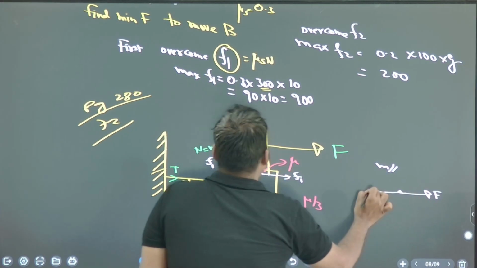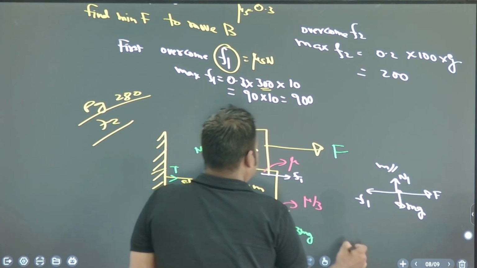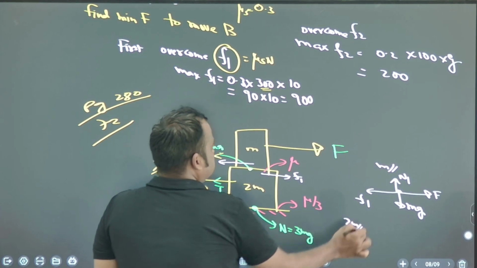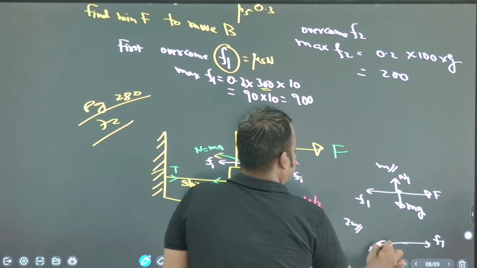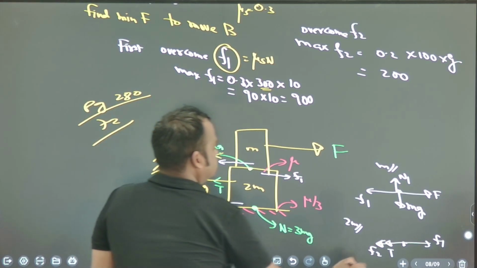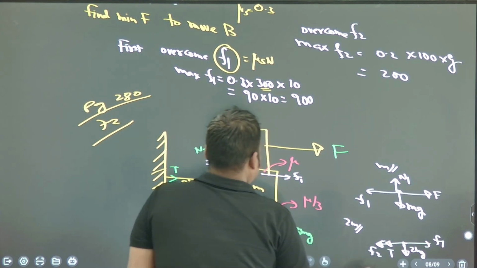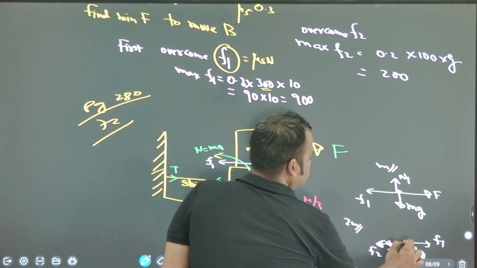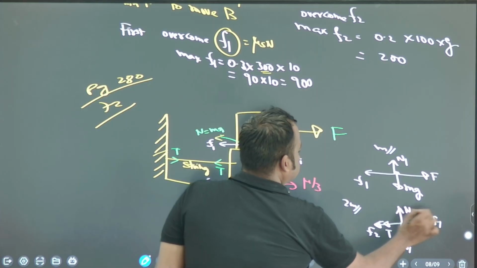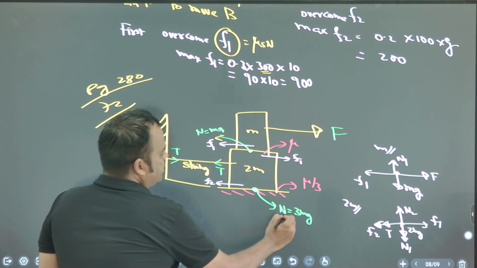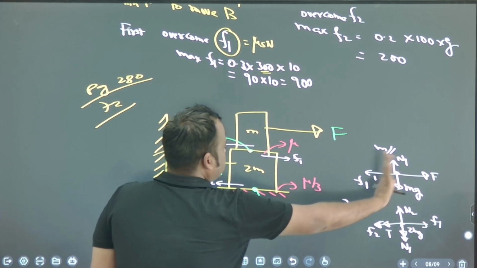Capital F right side, F1 left side, normal N1, mg. And for 2M you can draw F1 right side, F2 left side, tension also left side, and 2 mg downward, and N1 also downward, N2 upward. This is N2. Okay, clear? Free body diagram.